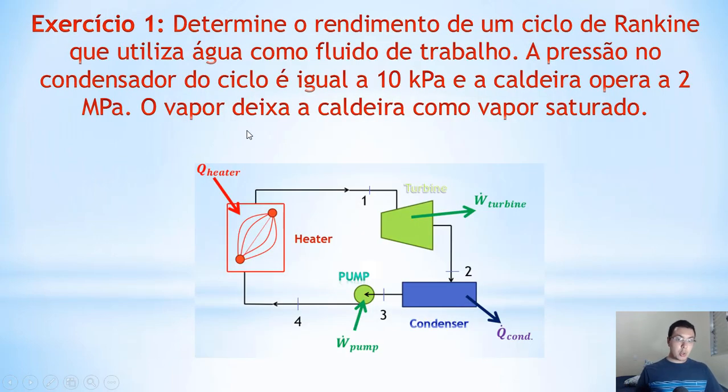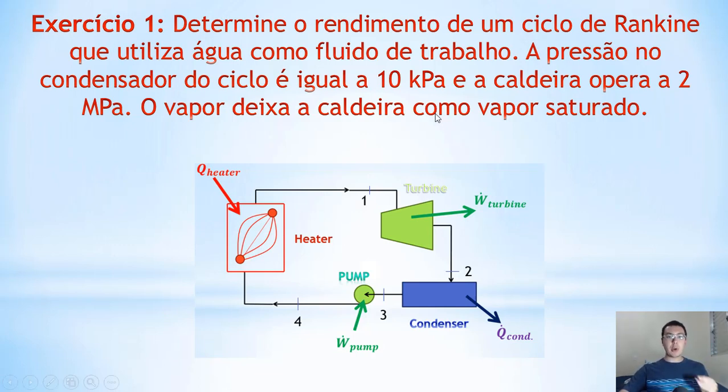Okay, so here in this exercise, it's in Portuguese, but the link to see this exercise will be in the description of this video. It will be in Portuguese, but I will put subtitles. So here we have Rankine cycles.